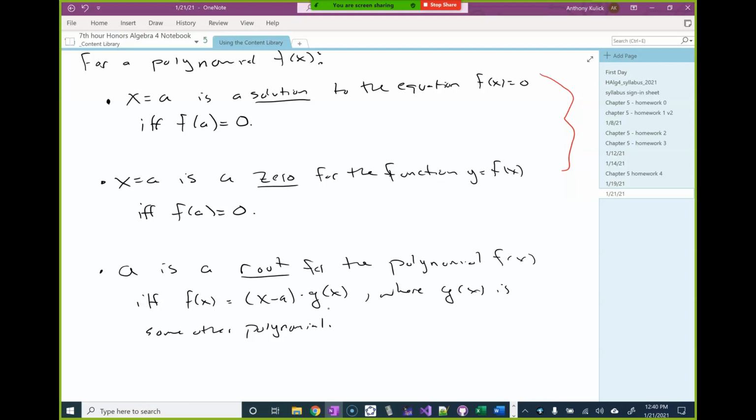So implied in here, zeros can be complex numbers.